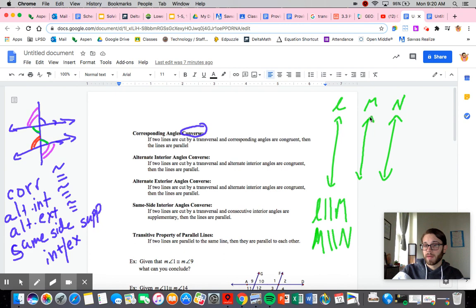It is if this one's parallel to this one, and this one's parallel to this one, this one's parallel to that one. So that's all that that's saying.